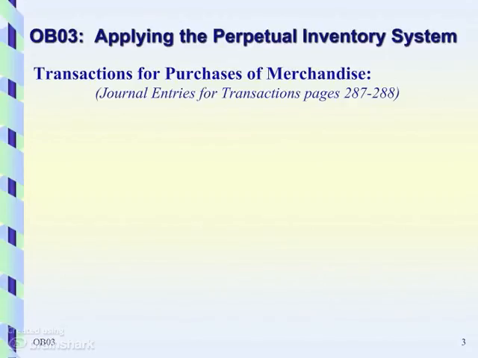In this particular section in Objective 3, we will review the types of transactions associated with the purchase of merchandise under the perpetual inventory system. The first type of transaction we're going to look at are all from the buyer's perspective.